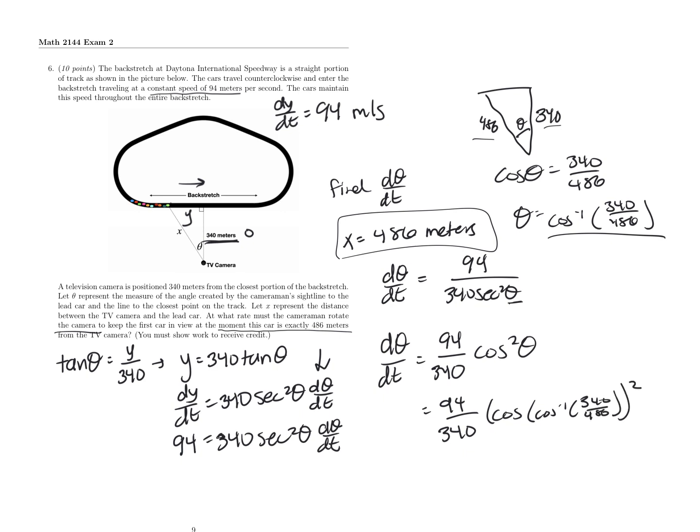It's that squared. So you'll get 94 over 340 times 340 over 486 squared. And then from here, you can plug it into your calculator, and we're going to get 0.135, and then it's going to be radians per second, since our theta is in radians and our t is in seconds. So that's going to be our final answer.